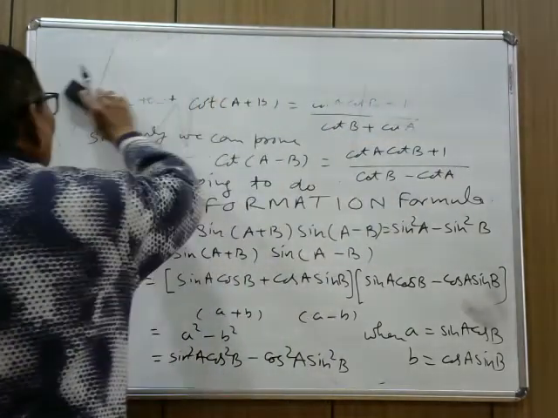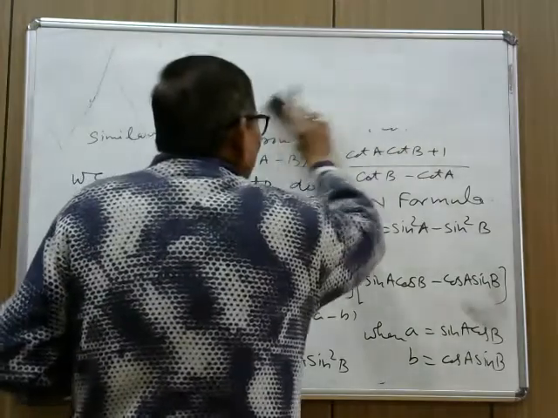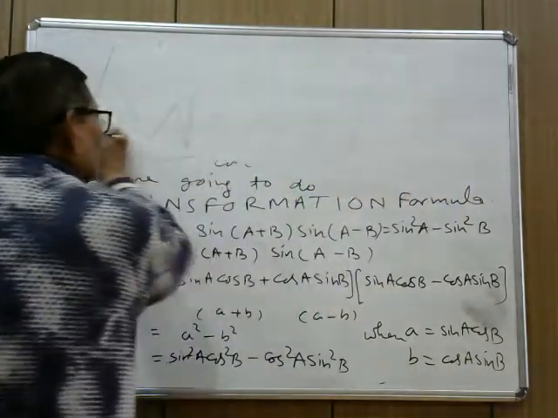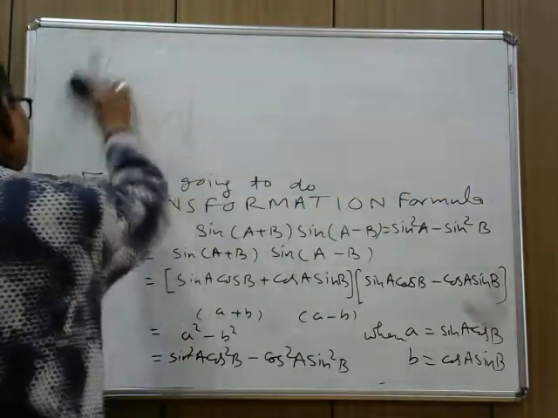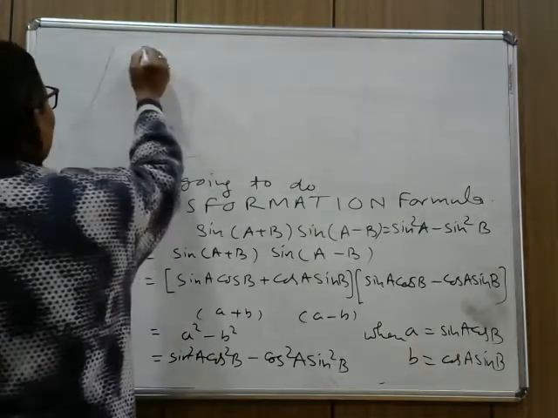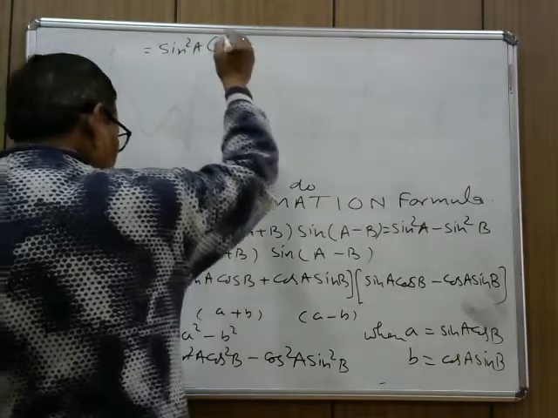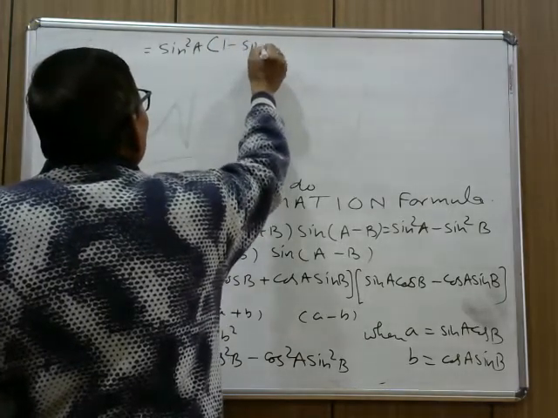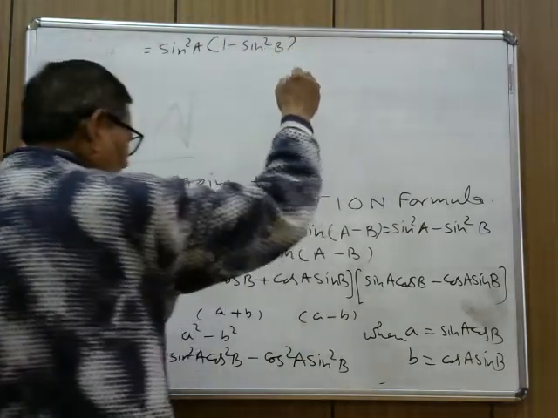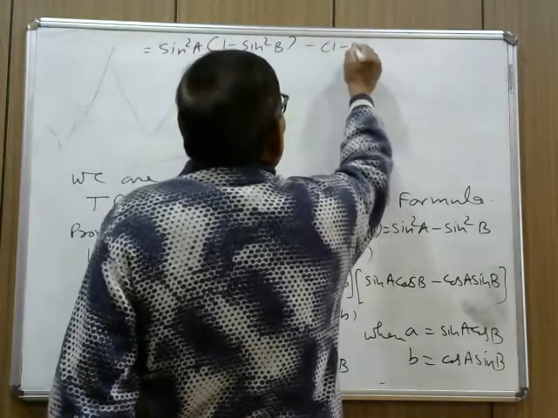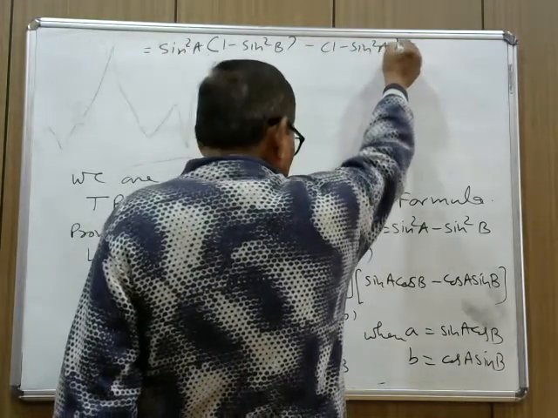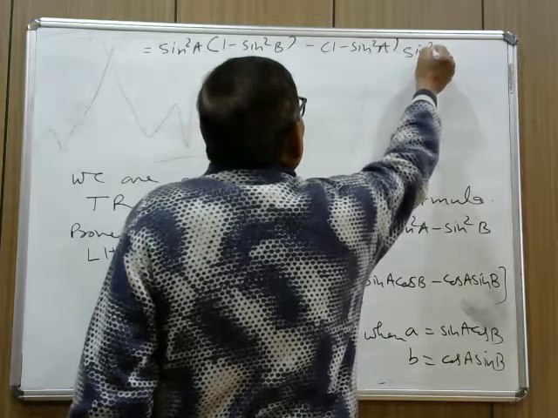So in place of cos, you substitute its value in terms of sin. You will get that this is equal to sin square a (1 minus sin square b) minus (1 minus sin square a) into sin square b.